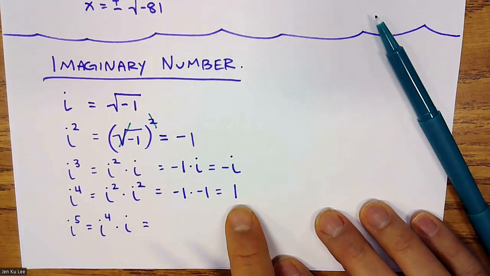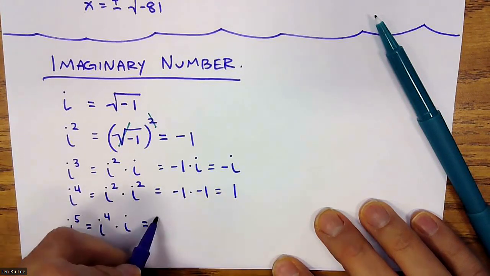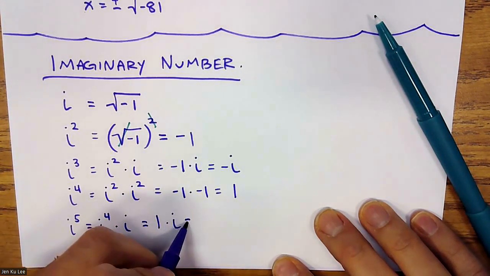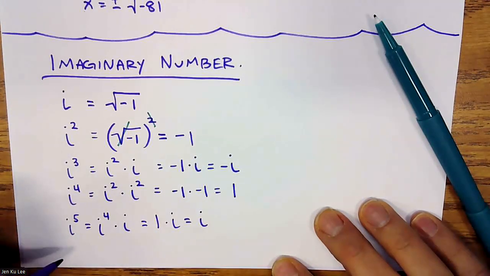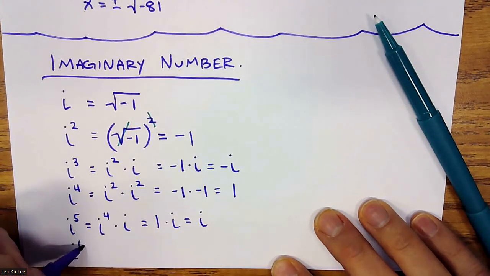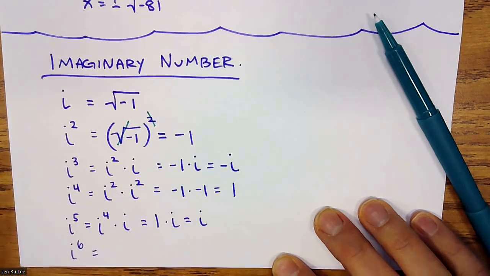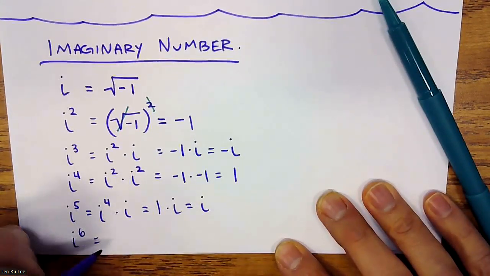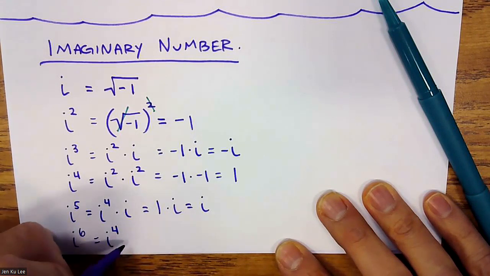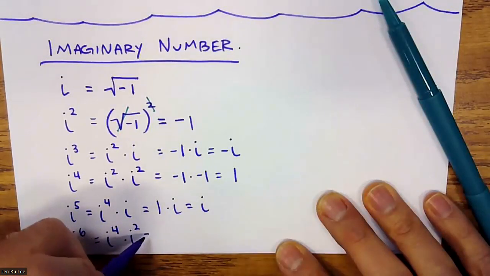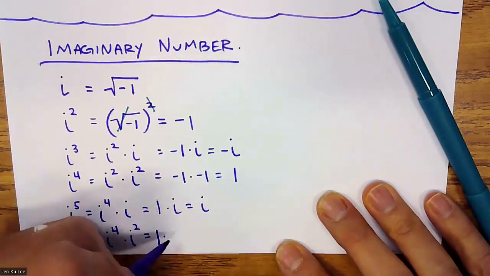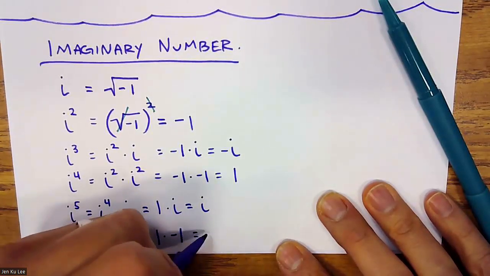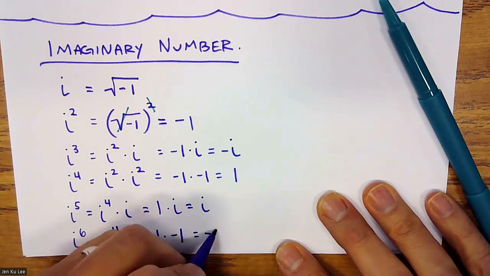So i to the fourth, we established that it's 1. 1 times i equals i, or square root of -1. i to the sixth, that's going to be i to the fourth times i squared. i to the fourth is 1 times i squared is -1. So the 1 times -1 is -1.